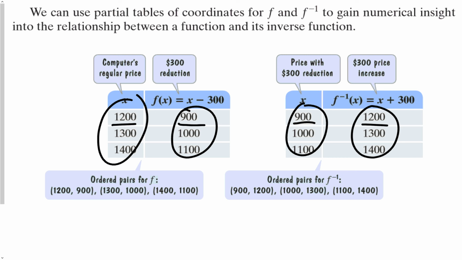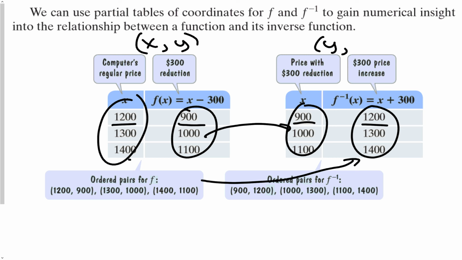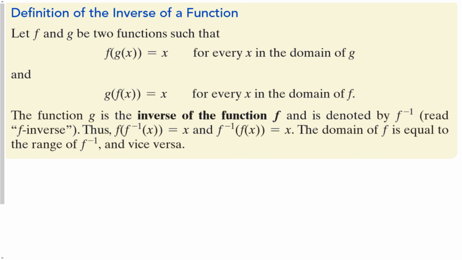So x's turn into outputs in my inverse, and outputs turn into inputs in my inverse as well. We can illustrate the fact that the ordered pairs x comma y in my original function turn into similar ordered pairs, but y comma x. The x's and y's switch. This is going to be a big part of how we connect inverses to each other.